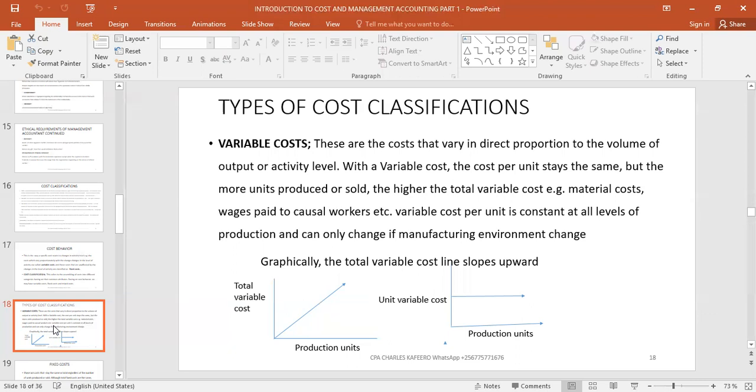And there are some scenarios, or let's say the machine breaks down. You may find that the number of units you are going to produce is going to reduce. But that was a result of a change in the manufacturing environment. We were producing more units because all the machines were working. So that's how we can increase the variable cost per unit.